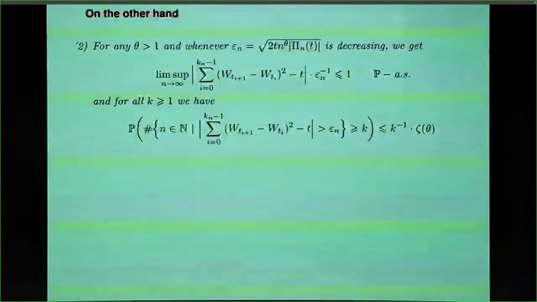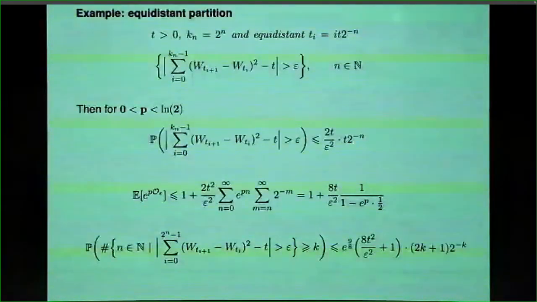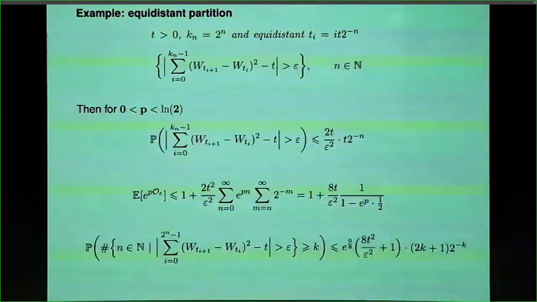And in the case of an equidistant partition, you can do even more. We can just calculate it directly. We have some kind of exponential decay. Exponential decay, you remember, this means exponential overlap statistic, and this is what we get here. So we get also some kind of exponential decay of this error of the convergence almost surely.